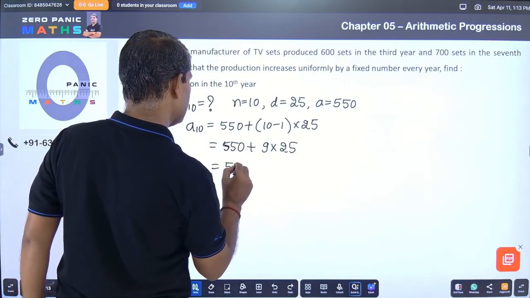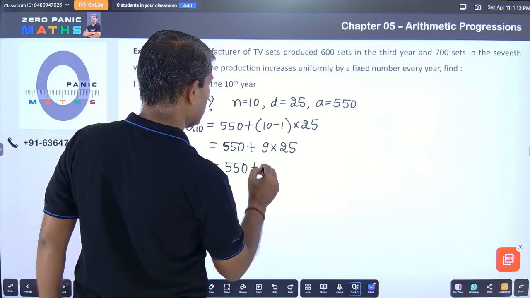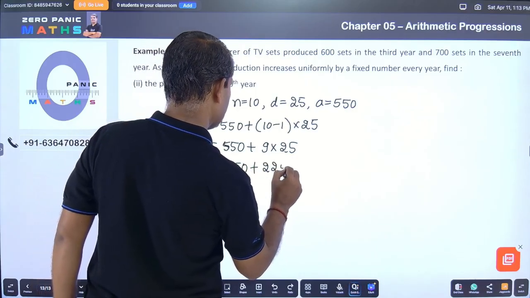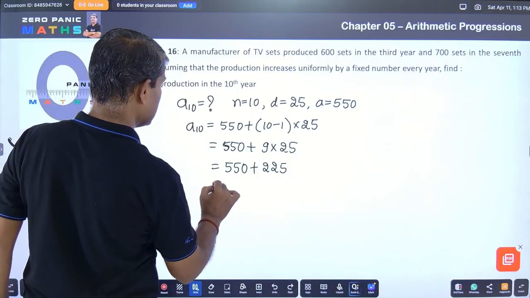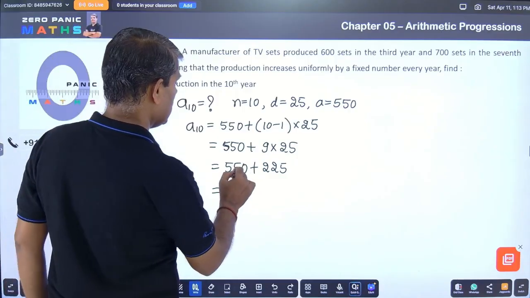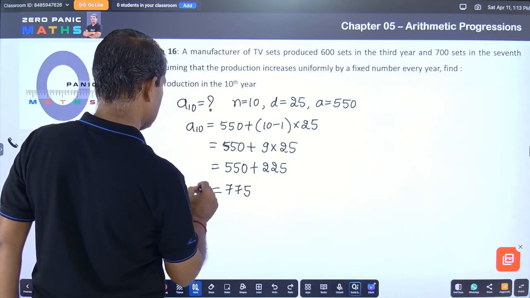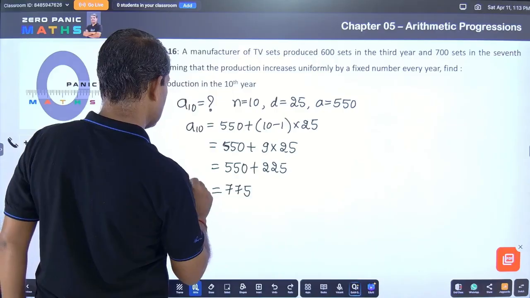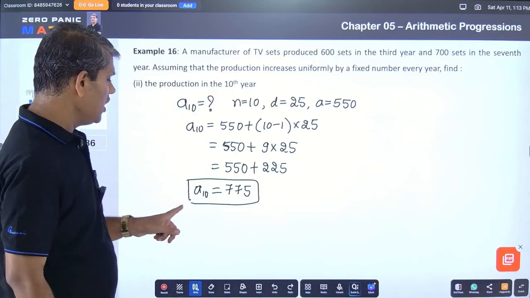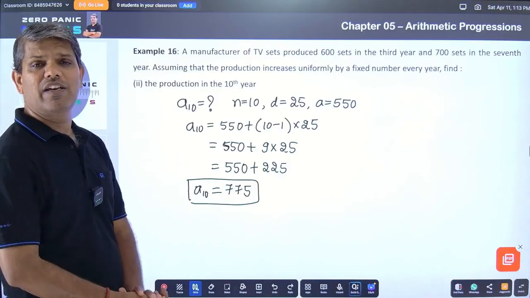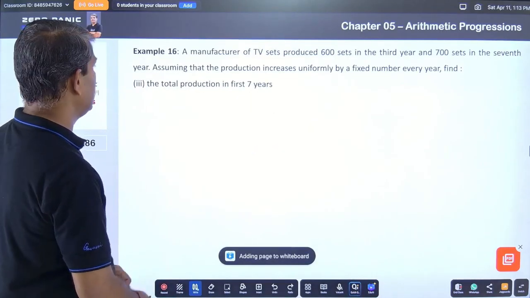So 550 plus 225. This is the value of production in the 10th year. Add it up. It is 775. So you can write the statement: production in the 10th year is 775. Let us see the next.